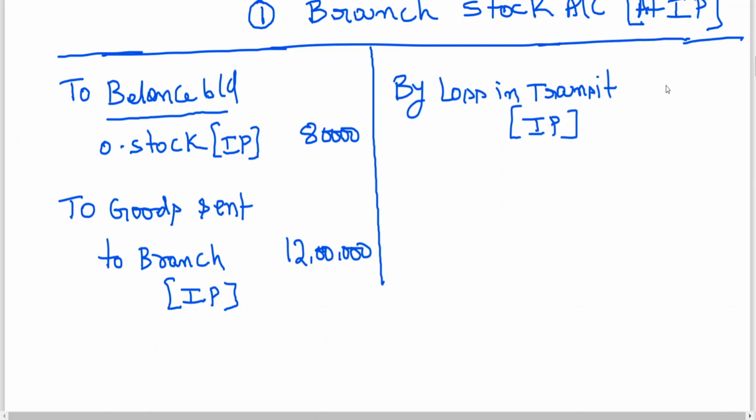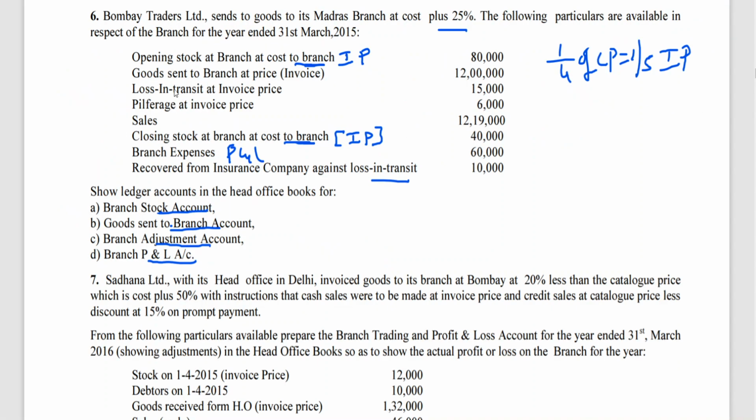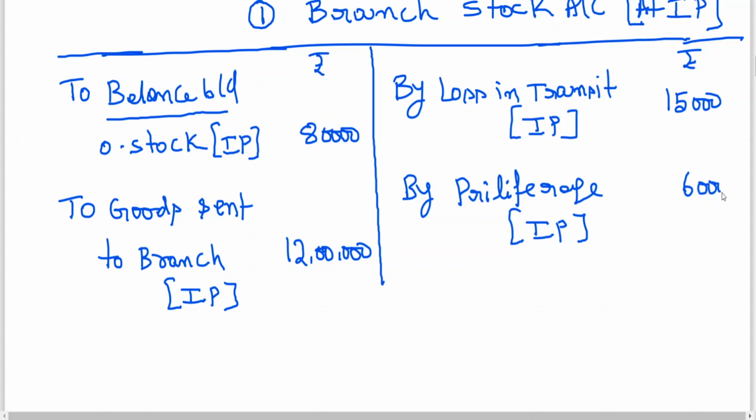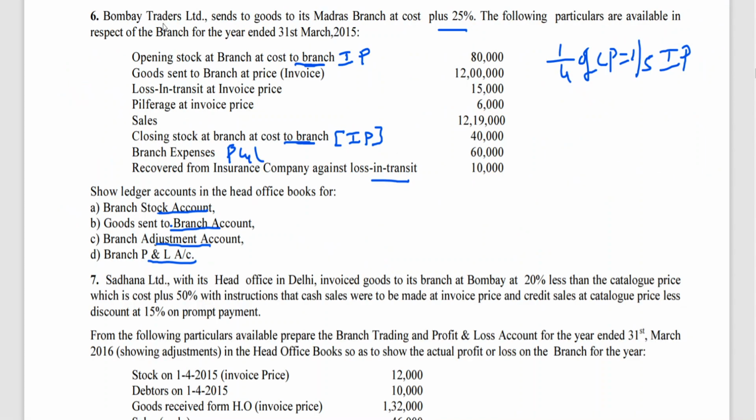The loss in transit 15,000. Pilferage at invoice price. Sales 12 lakh 19,000.